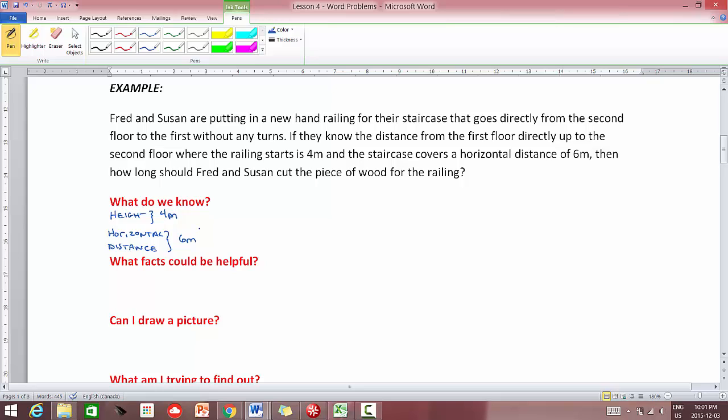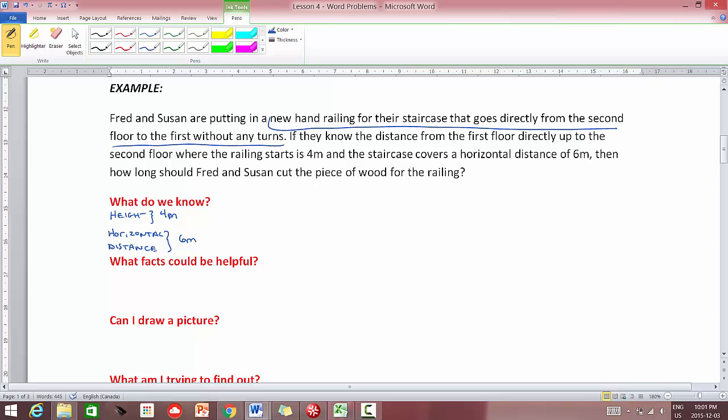So what facts could be helpful? Well, we know that it's a staircase. We know that a new hand railing for the staircase goes directly from the second floor to the first without any turns. They need to know how far they're going or how big they're going to cut that.